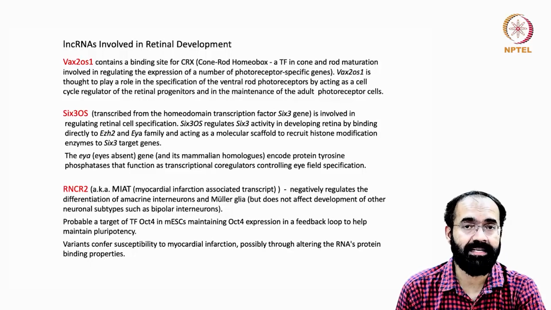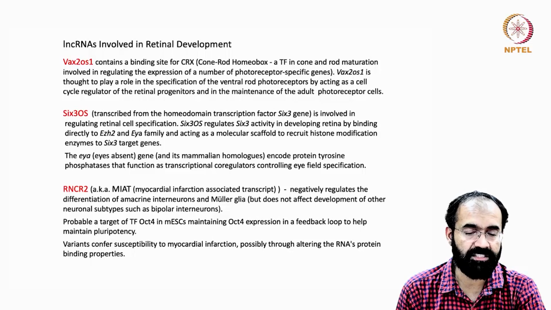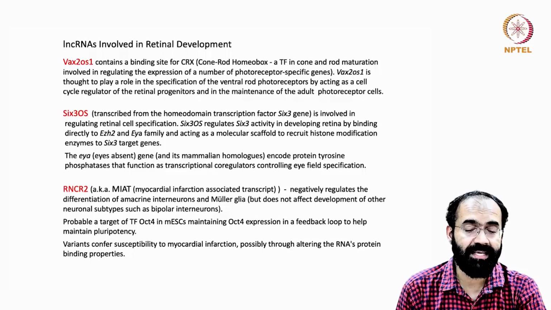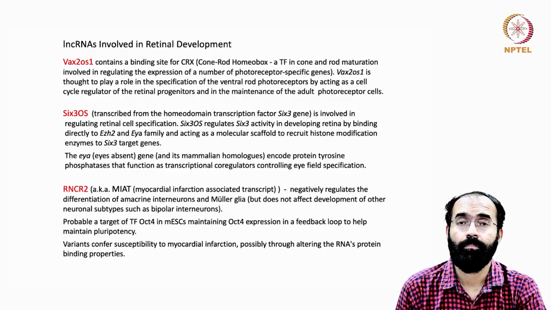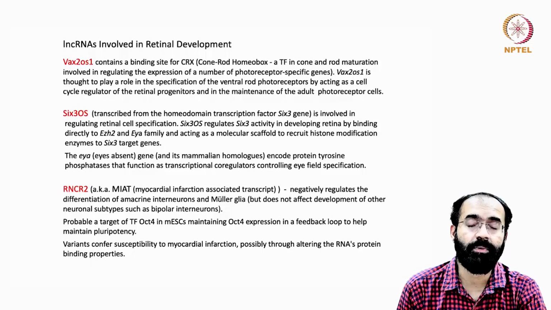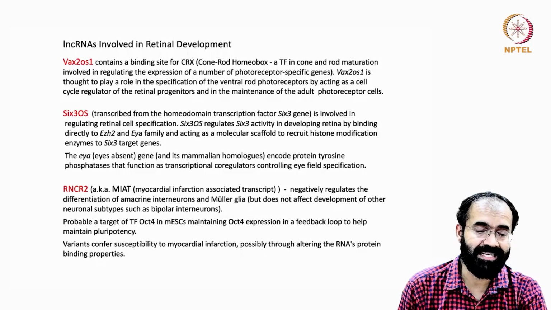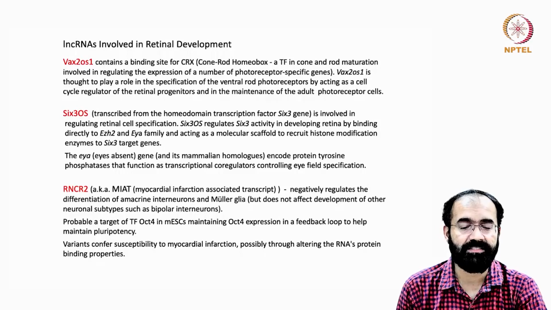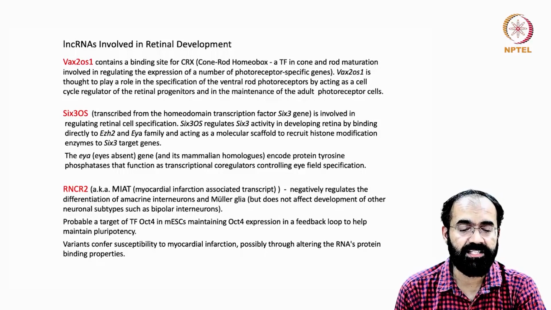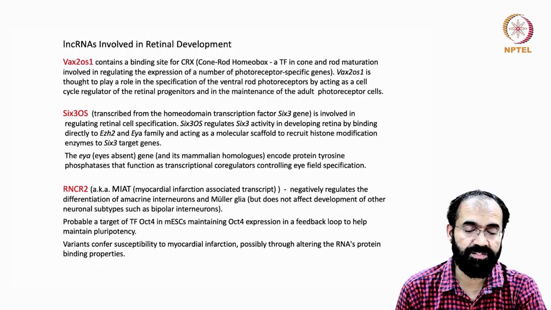EZH2 is a catalytic component of the PRC2 complex, and EYA. EYA is another gene that is acting as a molecular scaffold for the recruitment of histone modification enzymes to the 6-3 target site. So 6-3OS can affect the EZH2 and EYA family of genes that can cause epigenetic changes.